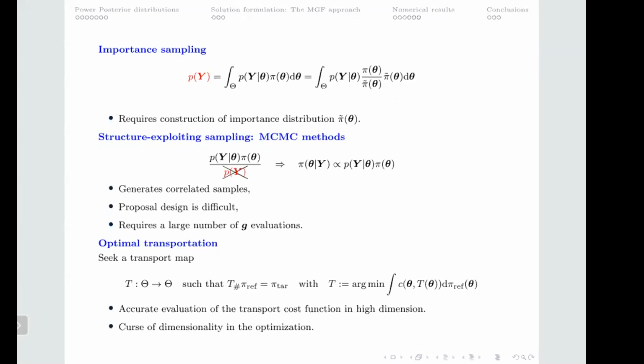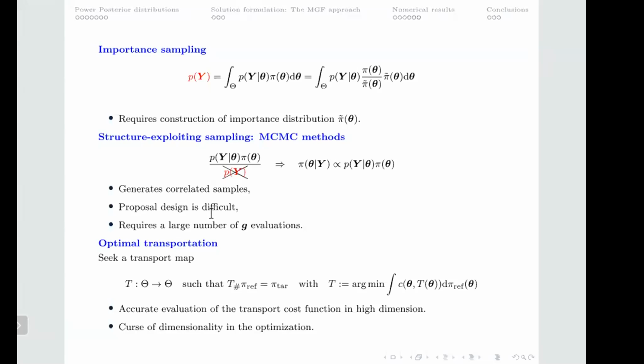The second class of methods for inverse problems are the MCMC methods. The basic idea there is to bypass the estimation of the Bayes factor and to use the proportionality relation to generate correlated samples. Also, the design of the proposal distribution may be complicated.